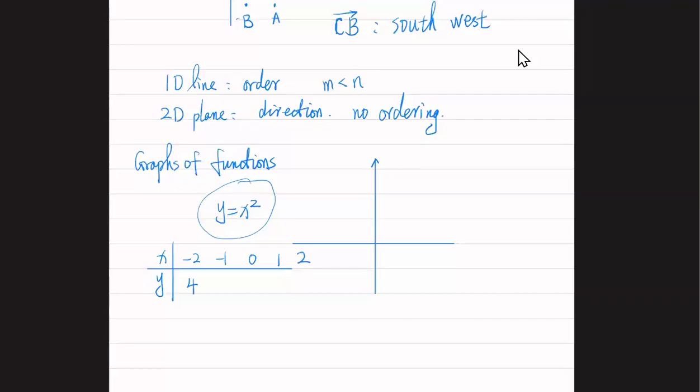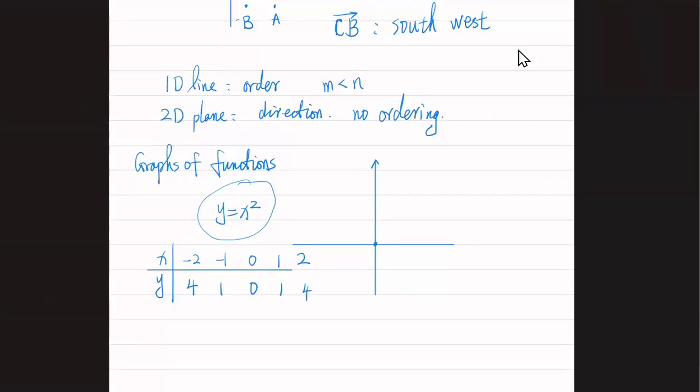The square, 4, 1, 0, 1, 4. Okay, so the graph is a parabola. Many of you have seen it before.